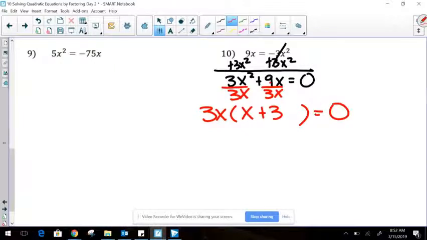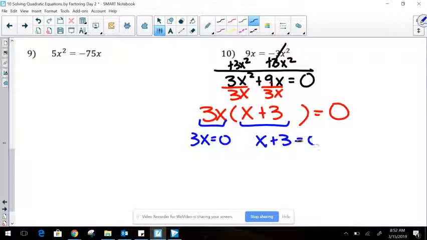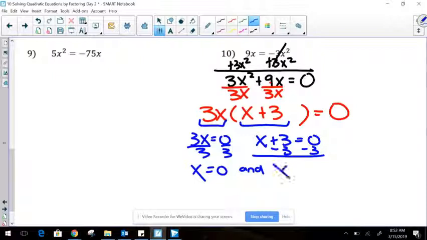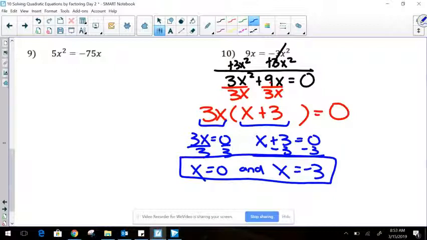Now I have two mini equations: 3x is equal to 0, and x plus 3 is equal to 0. So x is equal to 0, and x is equal to negative 3.